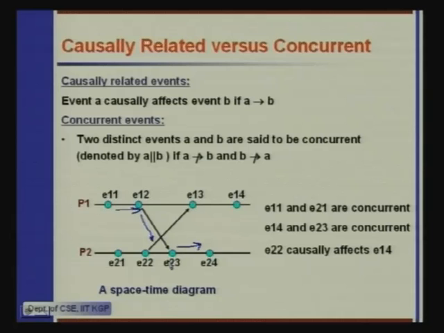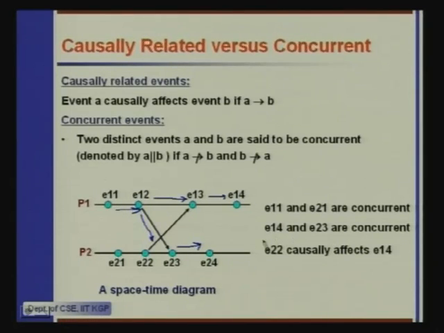E12 happened before E13, E13 happened before E14. Now look at E11 and E21, they are concurrent. There is no happen before; we cannot say that E11 happened before E21, neither can we say that E21 happened before E11. So they are concurrent.